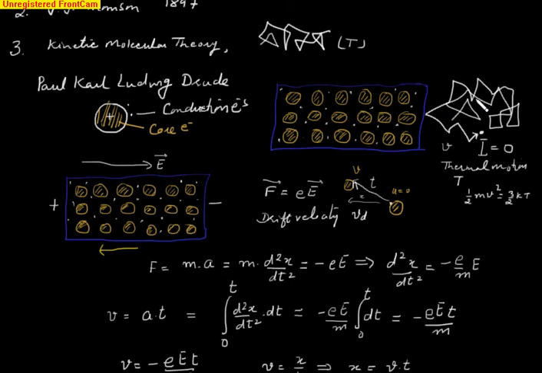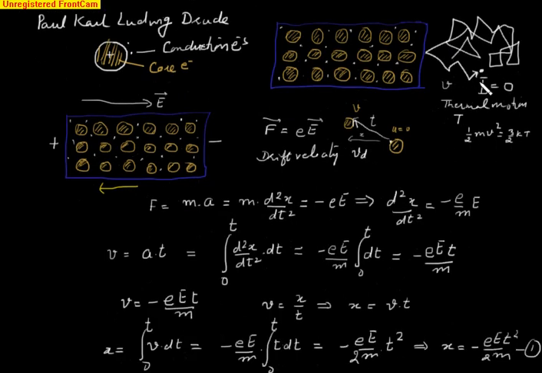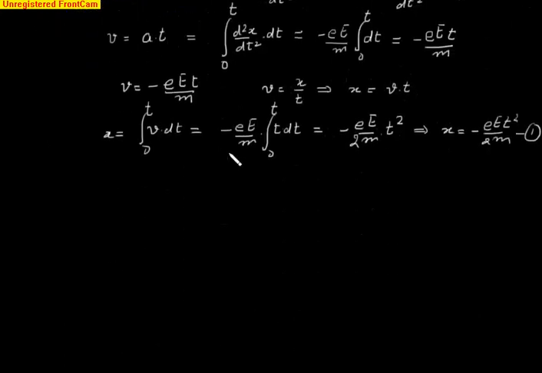So if there are n naught number of electrons in this group, then we can find how many electrons acquire the drift velocity, or we can say this velocity along the negative x-axis, under the effect of electric field.